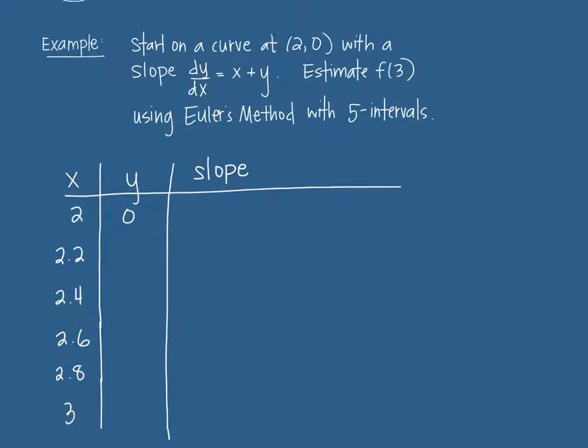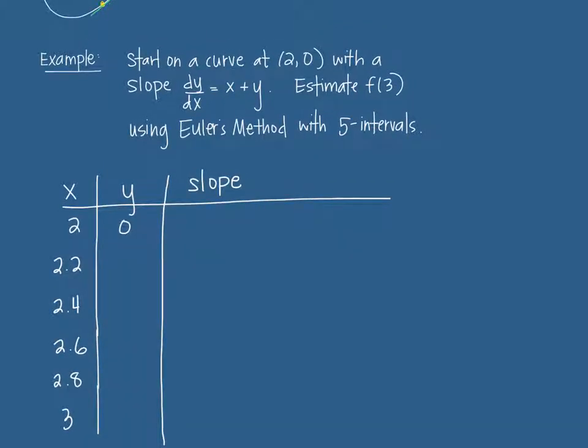But let's figure out what our slope is for starters. The slope is the derivative x plus y. Well, we've got x and we've got y, so what's our slope going to be? 2. We want to take delta x, which is how far we're going to move, 0.2, and multiply it by dy/dx, the slope itself.